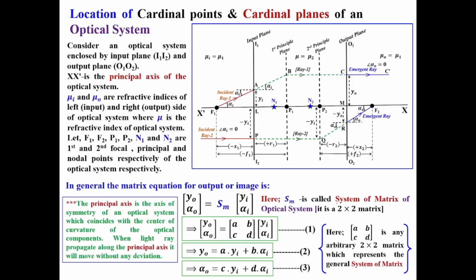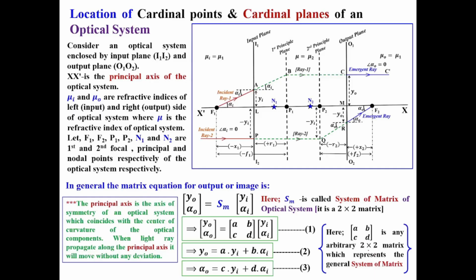Here SM is called the system matrix of the optical system, which is a 2 cross 2 matrix. In general, it is represented as ABCD.